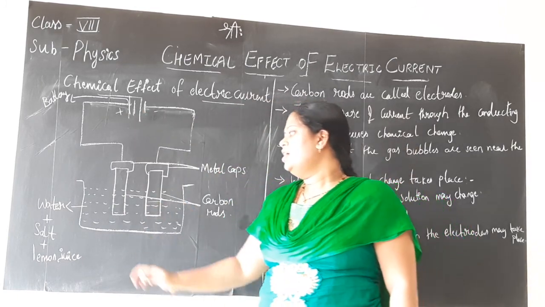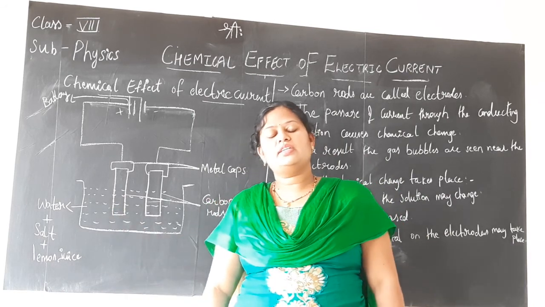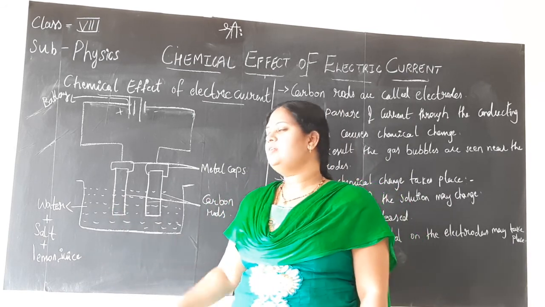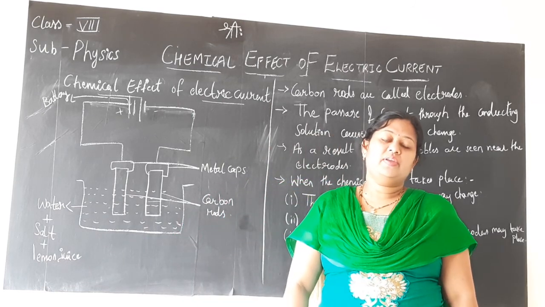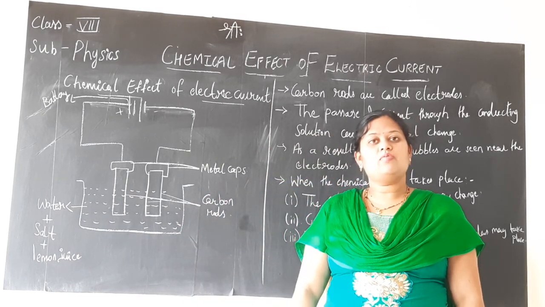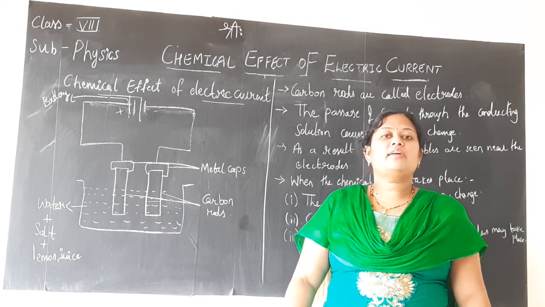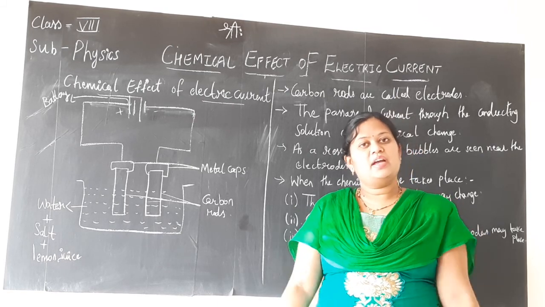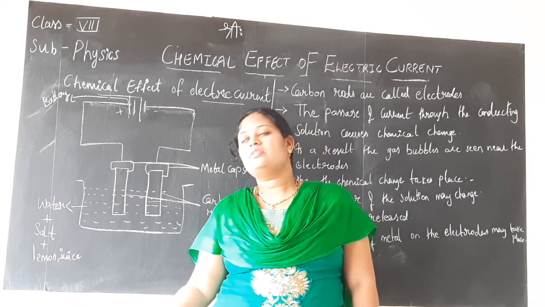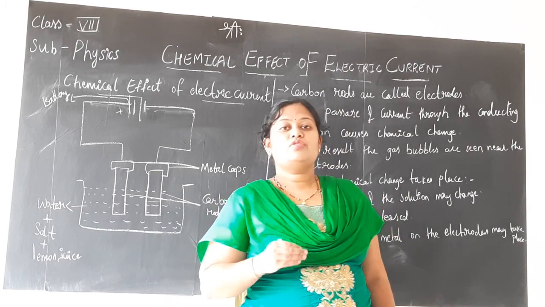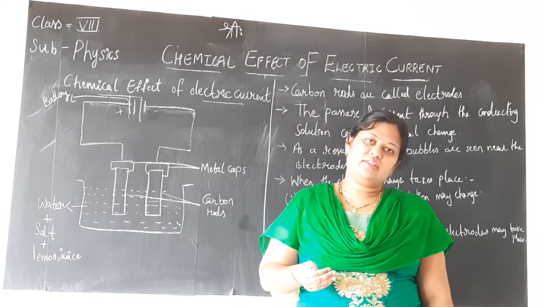Now children, we discussed in the previous session that normal water is a good conductor of electricity. But distilled water is not conducting, meaning it is not allowing the current to pass through it. Why? Because normal water consists of dissolved salts or ions in it.